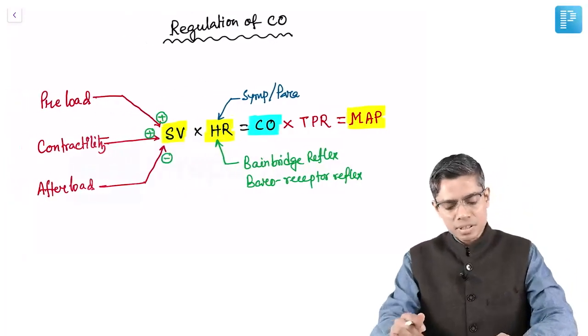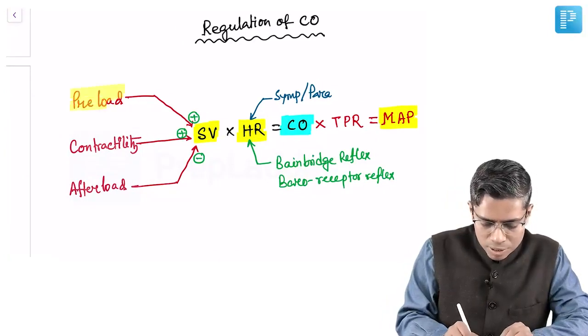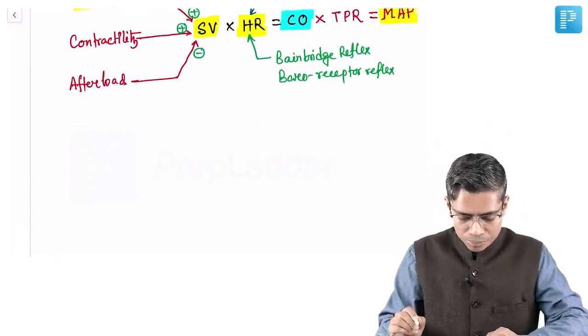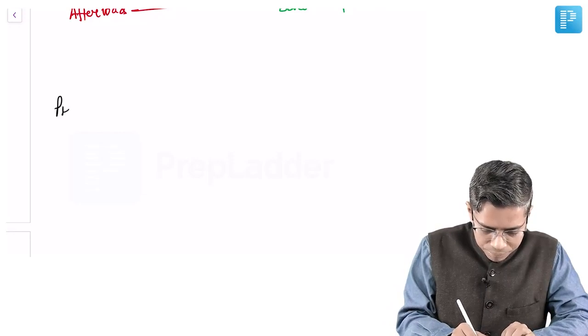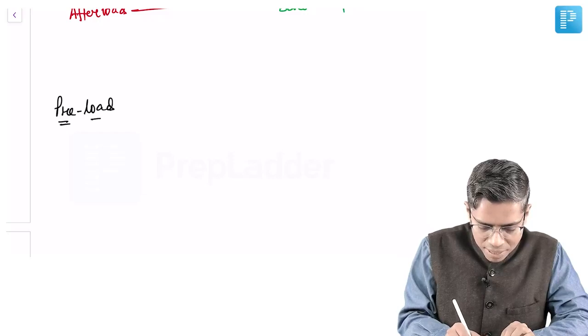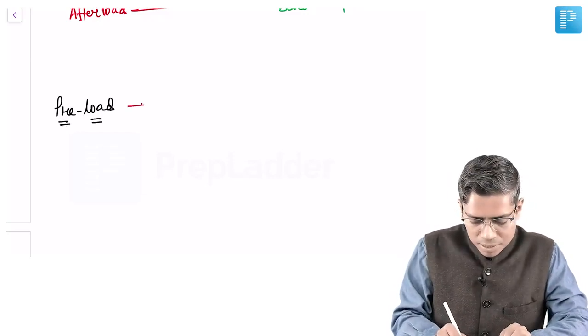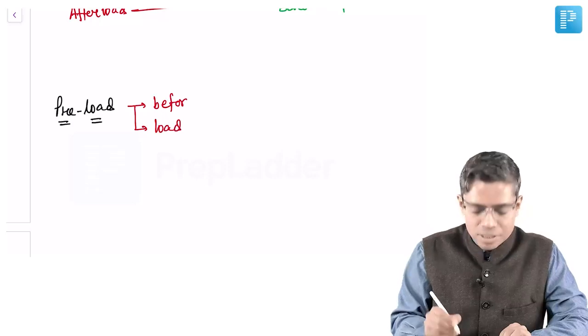So now we are going to discuss one after another. We are going to start from this preload. So what is the meaning of preload? Very, very important for your MCQ, right? So if I write down preload, so pre and load. Pre means, remember like this, pre means it is before, and load means it is nothing but tension.